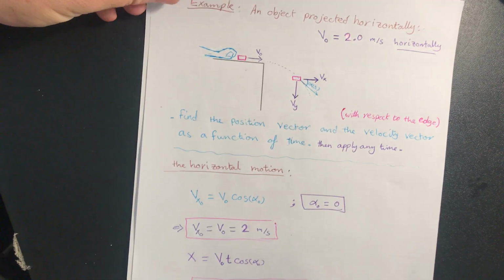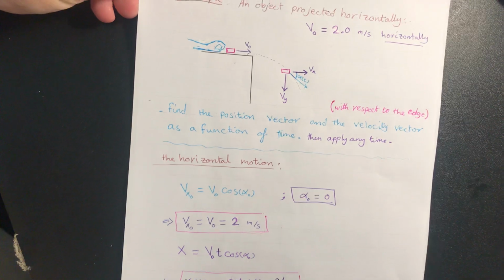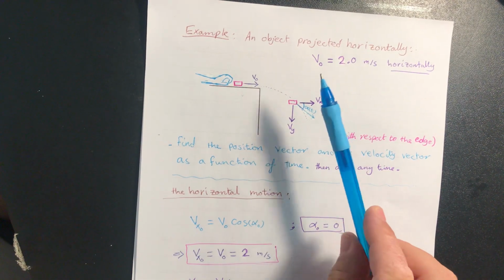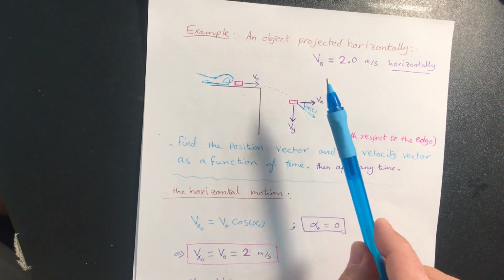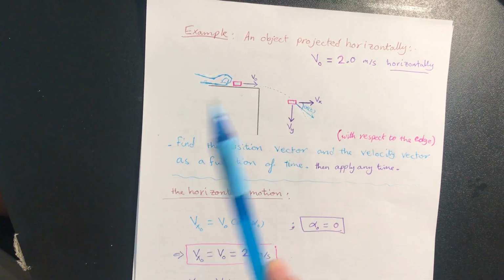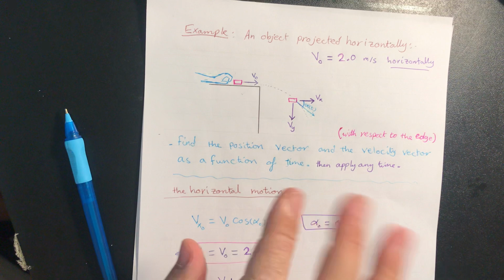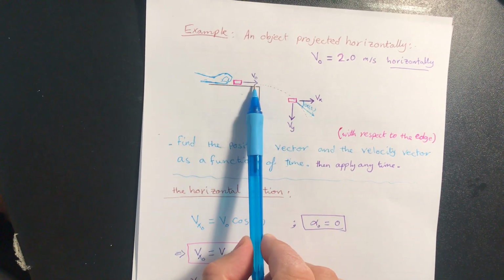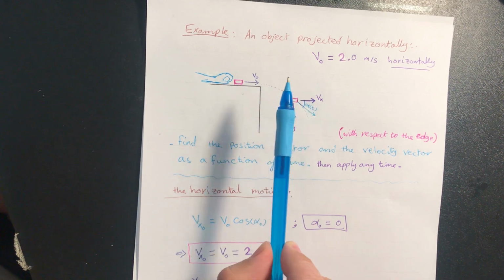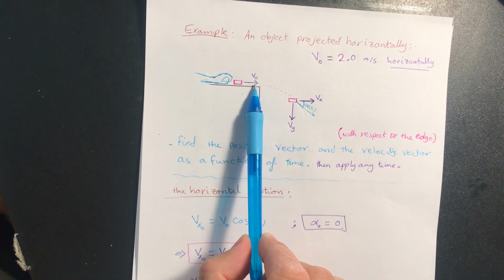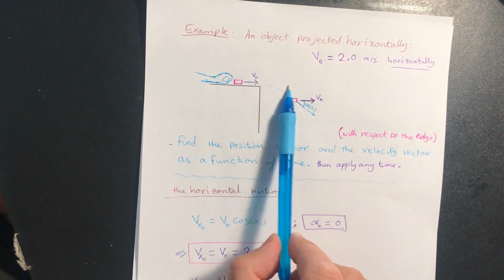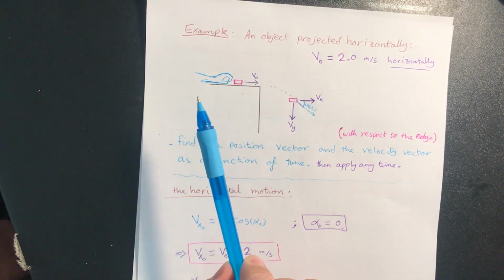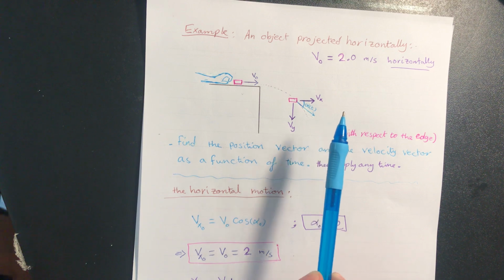Now let us solve this example for an object projected horizontally from an edge of a table. If we just hit it, this object will have horizontal velocity v naught, the initial angle is 0 from the x axis.